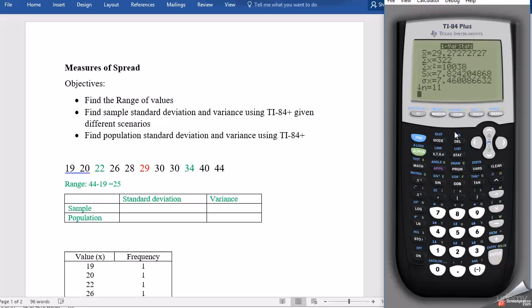If we calculate, you see that the mean is 29.27, but we are not interested in that right now. We did that last time. We go down to where you see Sx, that is the sample standard deviation, and right below it is the population standard deviation, sigma x. You will notice also that the sample standard deviation 7.824 is slightly higher than the population standard deviation 7.46.